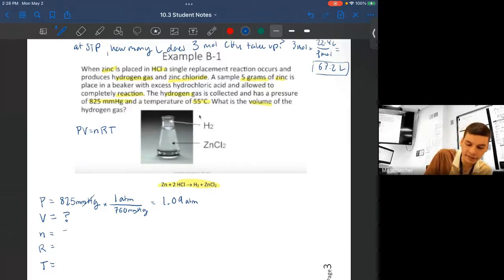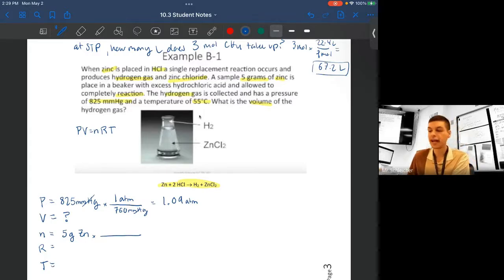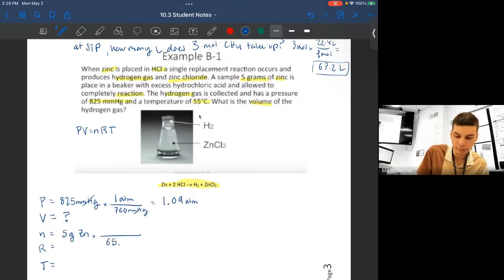We're only given that there's 5 grams of zinc, 5 grams of Zn. So we need to somehow get from 5 grams of Zn to moles of hydrogen gas. That means that you need to start converting this to moles. 5 grams of Zn has a molar mass of 65.38 or so grams of Zn for every 1 mole of Zn.